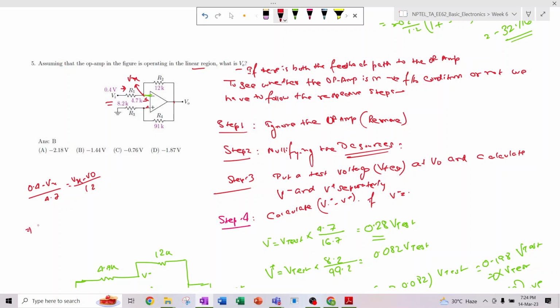So it will be 4.8 minus 12 Vx equal to 4.7 Vx minus 4.7 Vo, right? So 4.7 and 12 Vx means 16.7 Vx is equal to 4.8 plus 4.7 Vo, right?